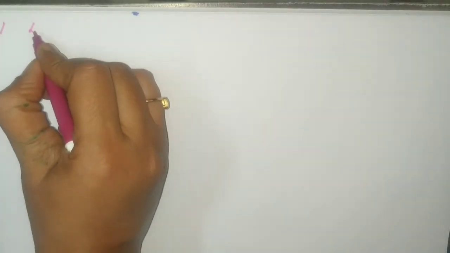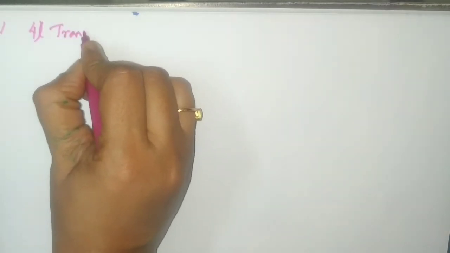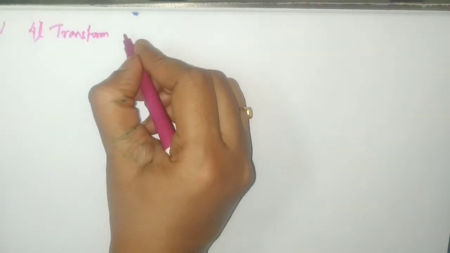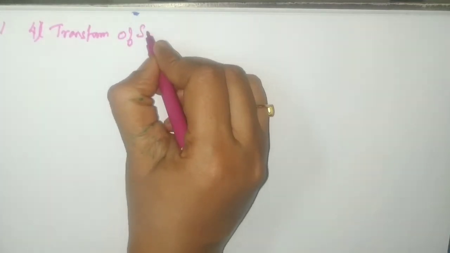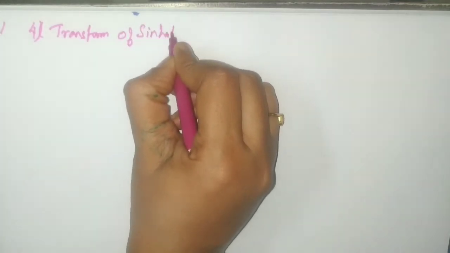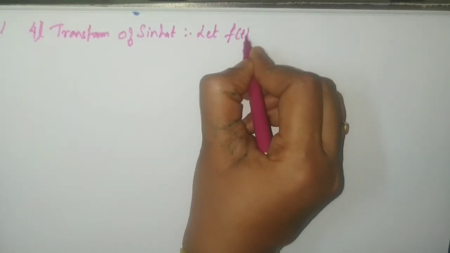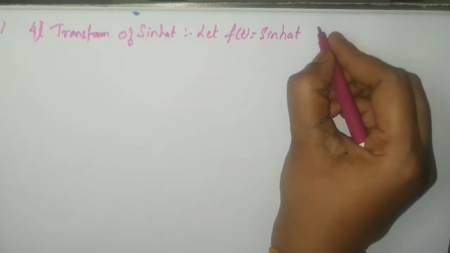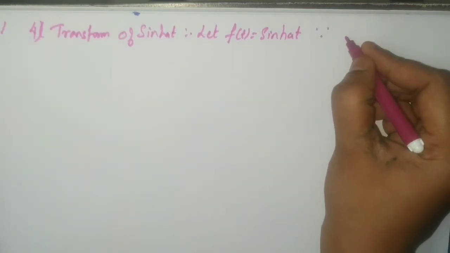Now let us go for the fourth result, that is the fourth transformation. The third result was cos hyperbolic. Now the fourth result we will take as sin hyperbolic at. So let the function be sin hyperbolic at. As we did for cos, here also you need to define the formula.